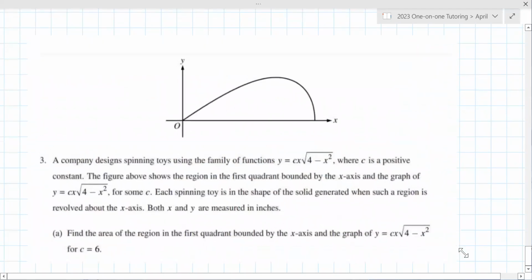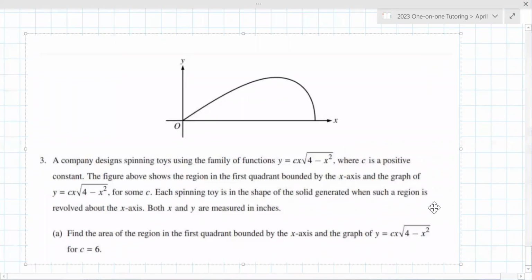All right. A company designs spinning toys using the family of functions y equals c times x squared 4 minus x squared, where c is a positive constant. The figure above shows the region in the first quadrant bounded by the x-axis in the graph of the function.